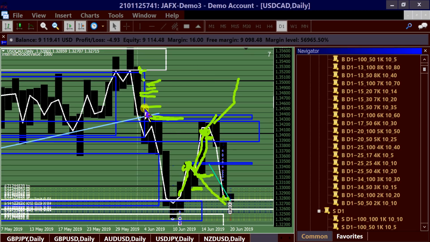But this shelf here is really deep and tight, and that's a real issue. Because to make it to here, it'd have to be a blink. These are blink moves up here. This move here probably spent, on the 5-minute chart, you may not even have a double top. It might just be a single top on the 5-minute chart.